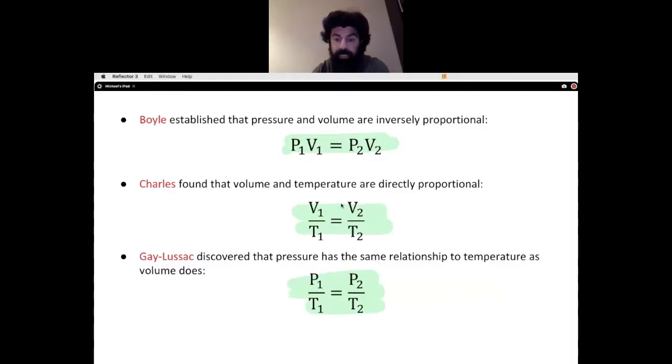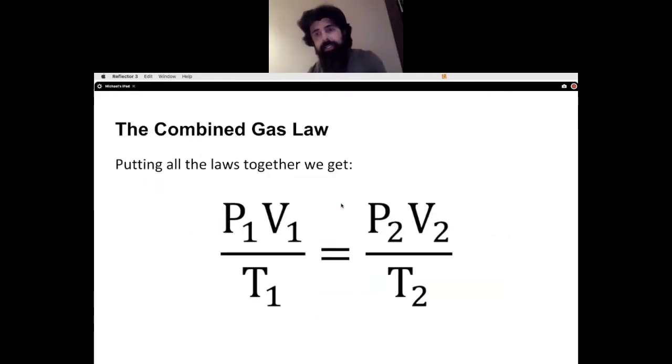If you look at it, you can put it all together using Boyle's law. Look at this. We've got pressure on top of temperature, we've got volume on top of temperature. So couldn't we put T1 down here and T2 down here? And when we do that, we form what is referred to as the combined gas law.